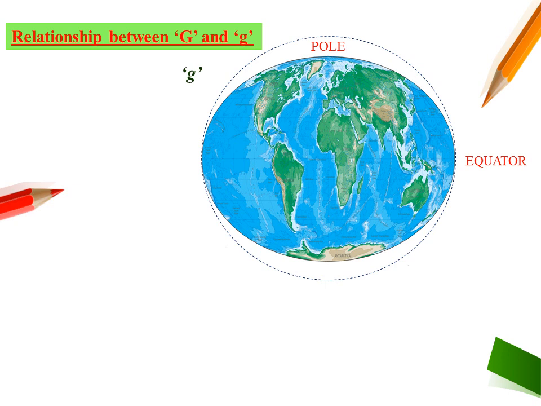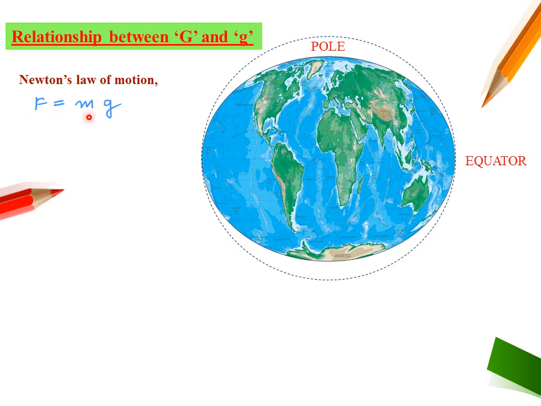So let g be the acceleration due to gravity at a planet of mass M and radius R. By Newton's law of motion, we have the force due to gravity on a body of mass m on the planet, F, equal to mass into acceleration due to gravity.